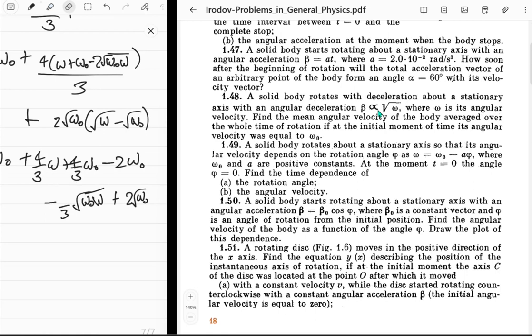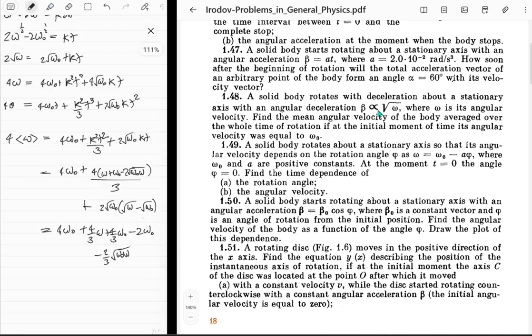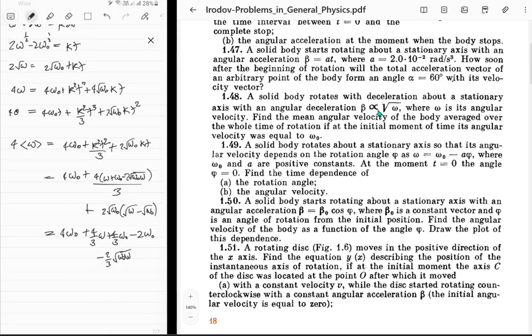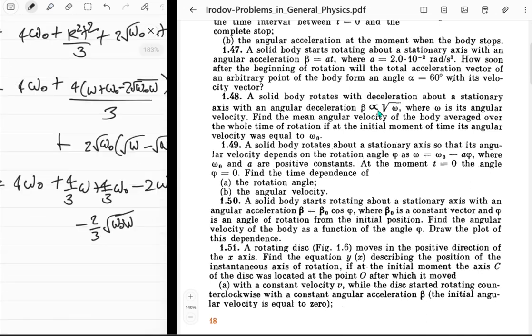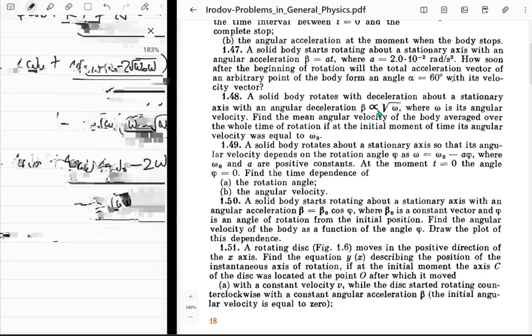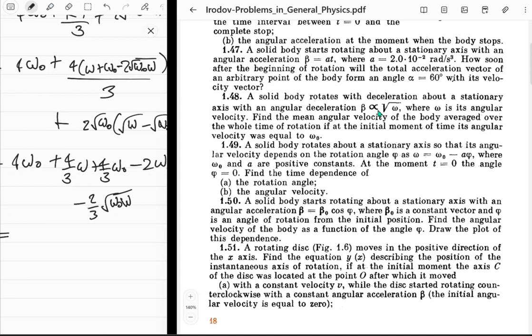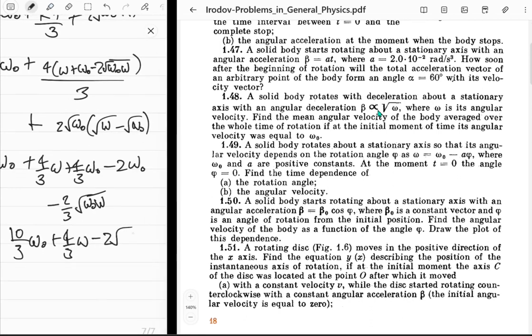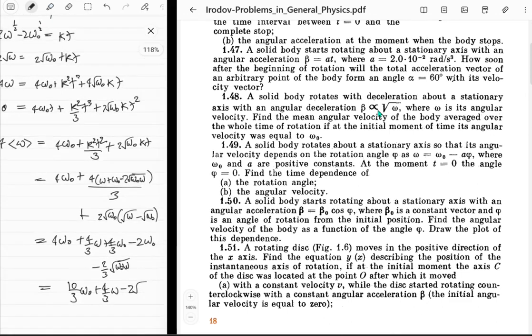And then this is not there. So 4 omega naught plus 2 omega naught is 2 omega naught... that plus this will be 10/3 omega naught, plus 4/3 omega, minus 2/3 square root of omega naught omega. Fine. So you can just put that in there.